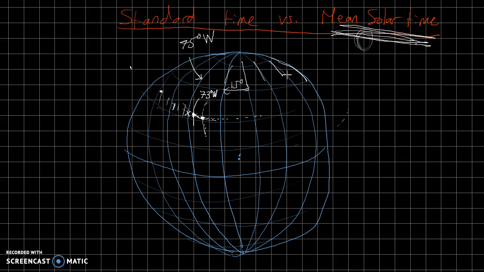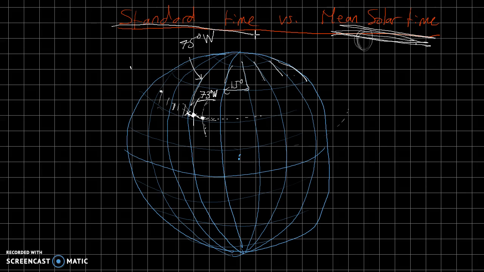There is a difference of 1, 2, 3, 4, 5 time zones with Greenwich. So Montreal, which should have the solar time of a location at 73 degrees west, is actually using the mean solar time of the 75 degree west meridian, which means that there is a difference with the standard time.